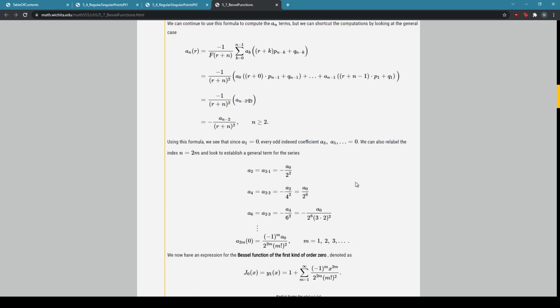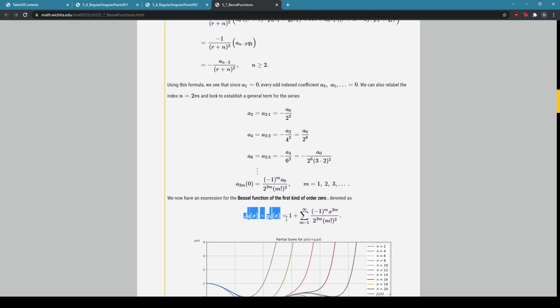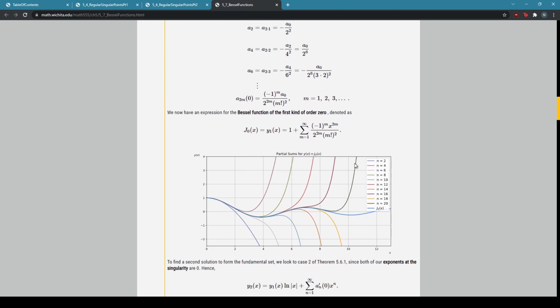And by doing a little bit of extra work and finding patterns like we had previously, we will end up with this expression here, which is the definition of a Bessel function of order 0. It is the Bessel function of the first kind of order 0. These things have fancy names, all right?